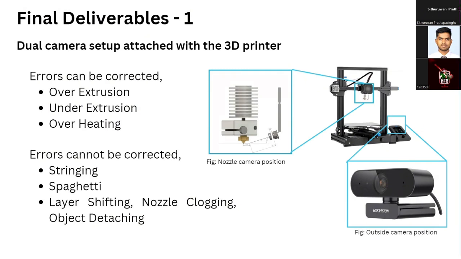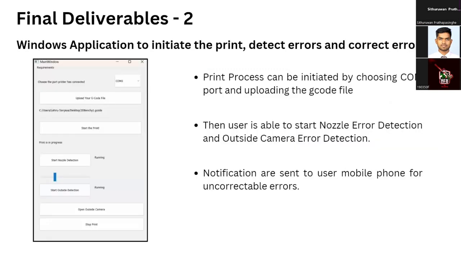We are able to correct some of the errors like over-extrusion, under-extrusion, and overheating. But for the moment, stringing, spaghetti, and mid-printing errors like layer shifts and nozzle clogging are not correctable.